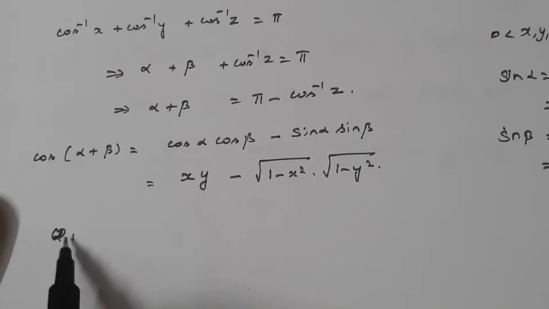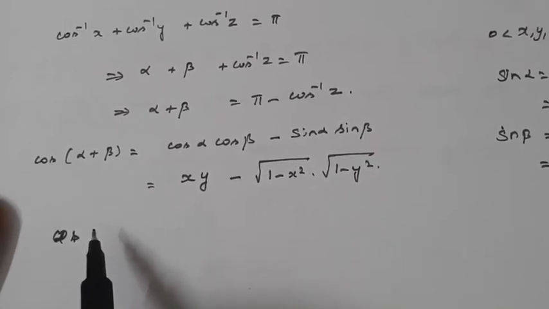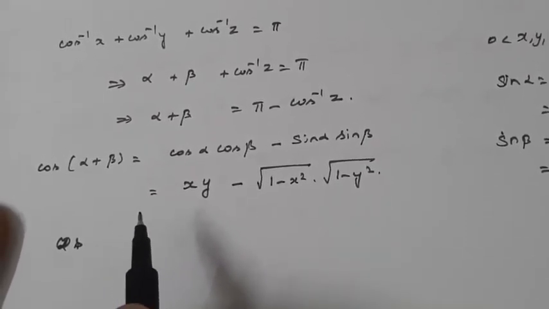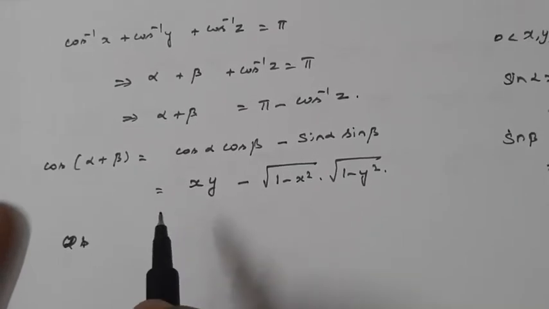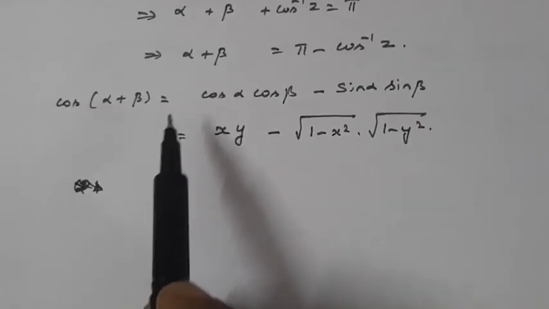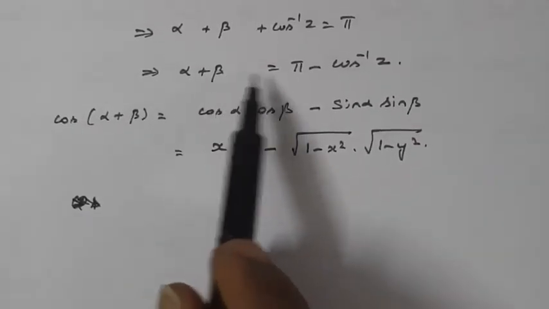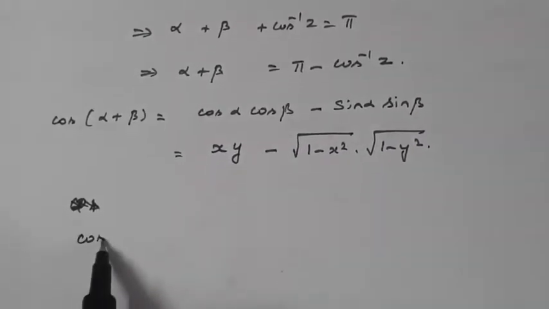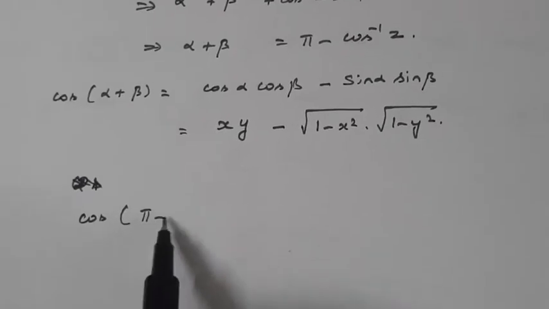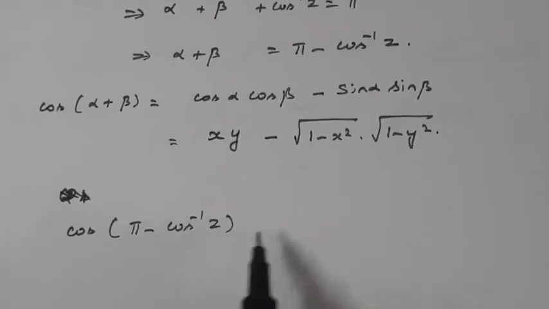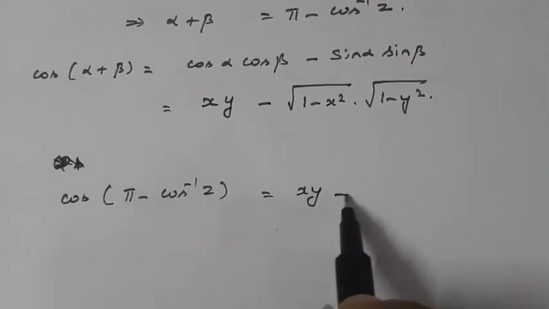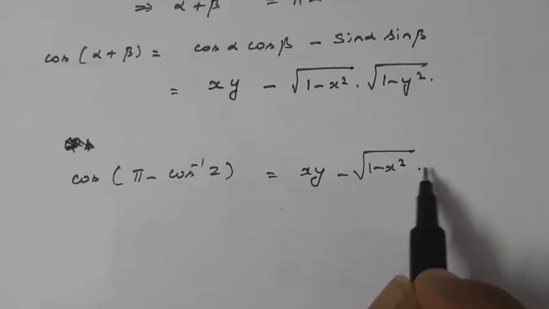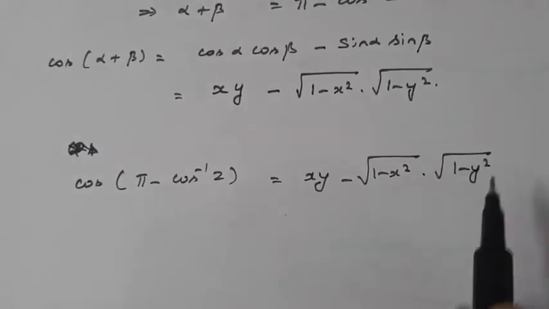Therefore, the required condition is, you have to now substitute alpha plus beta as pi minus cos inverse of z here. So, what happened? Cos of pi minus cos inverse of z is equal to xy minus root of 1 minus x squared into root of 1 minus y squared.